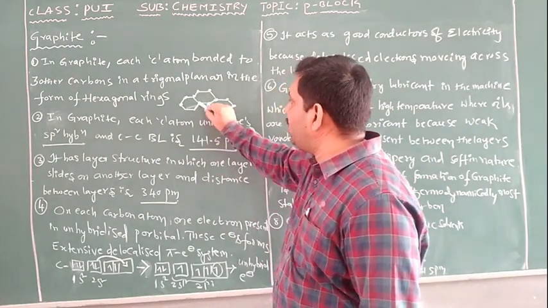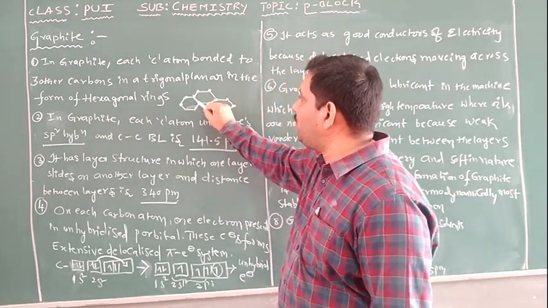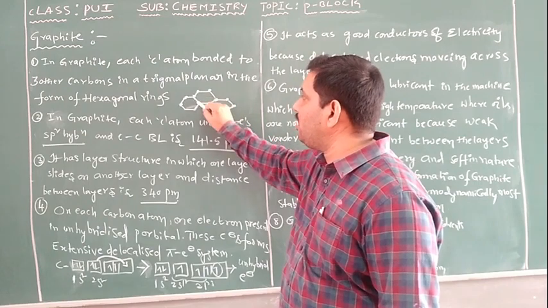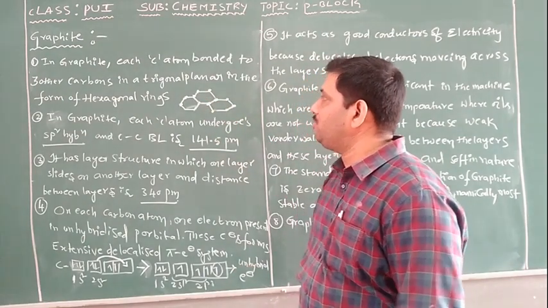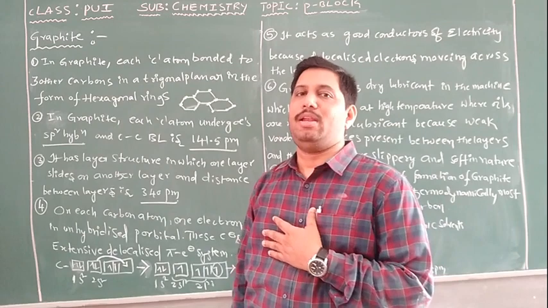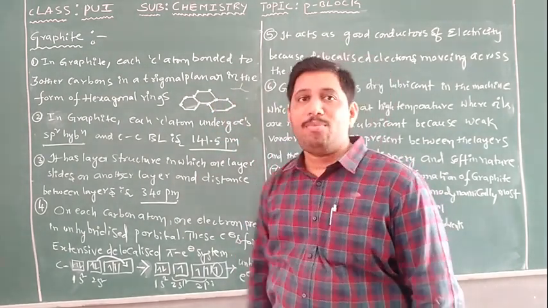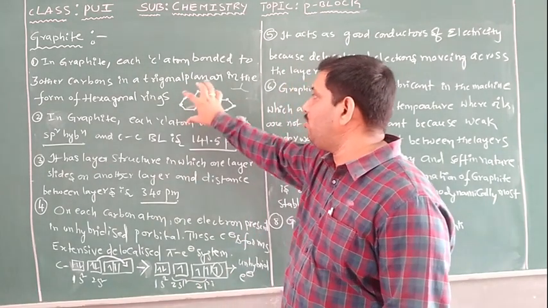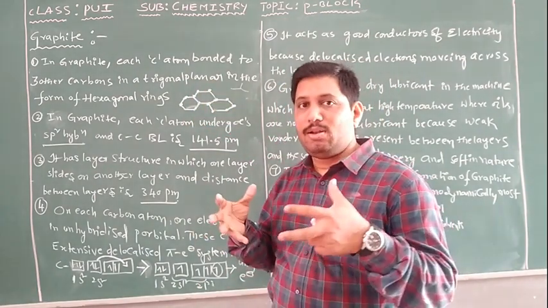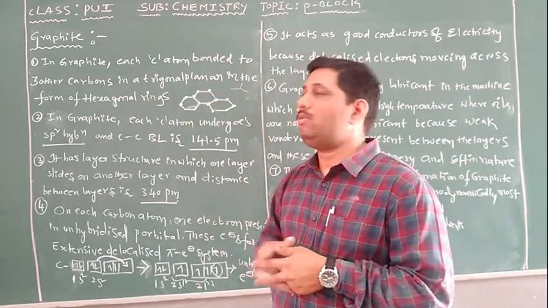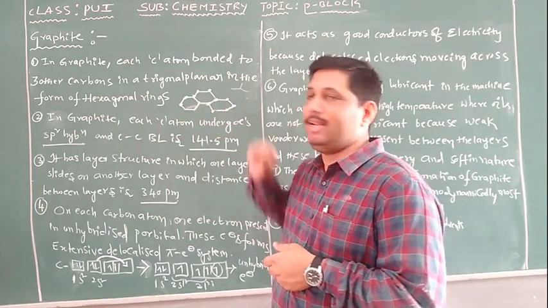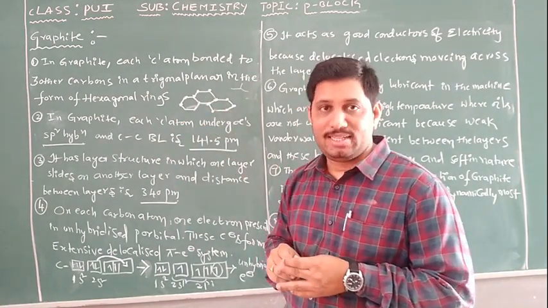Each carbon atom is bonded to three carbon atoms in a trigonal planar manner, like this, in the form of hexagonal rings. The trigonal planar units are arranged with one another to form a hexagonal ring, that is a six-membered ring.